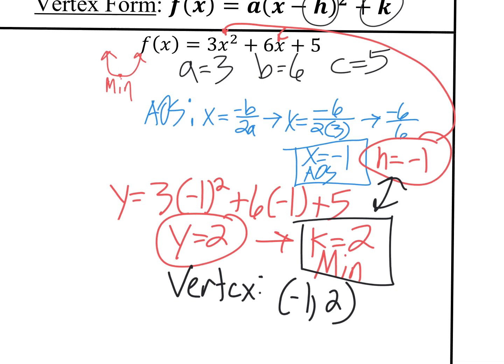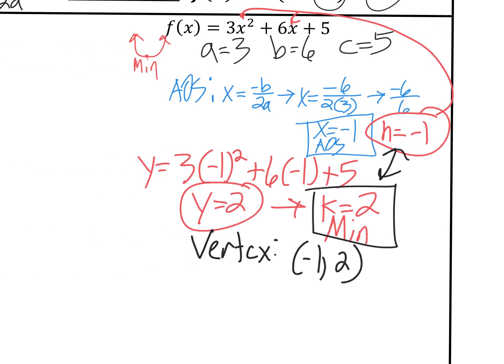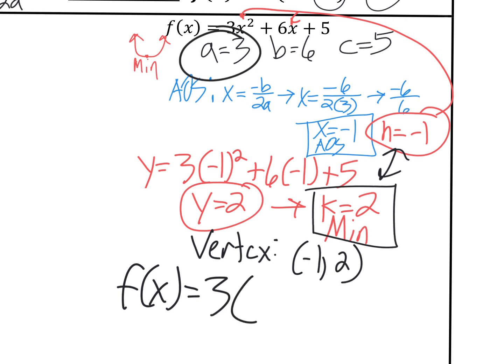So how are we going to write our converted equation into vertex form? Again, you can use f of x equals or y equals. It's the same thing. I'm just going to use f of x equals because that's how the function started off. We're going to use our a value, which is 3. So f of x equals 3, and then parentheses x minus h.